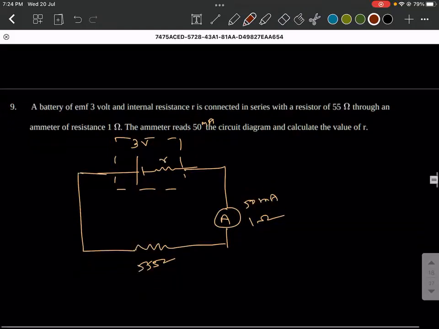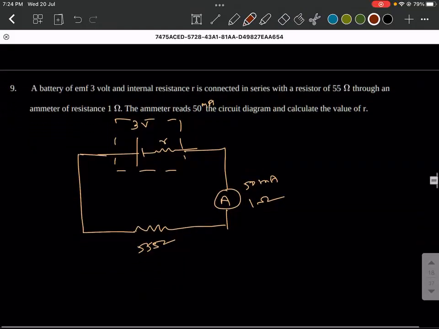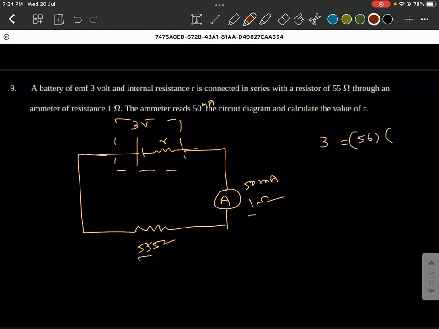Calculate the value of small r. Simple Ohm's law. The net EMF is 3, which is equal to the net resistance, how much? 55 plus 1, so 56. So V is equal to I into R. R is 56.